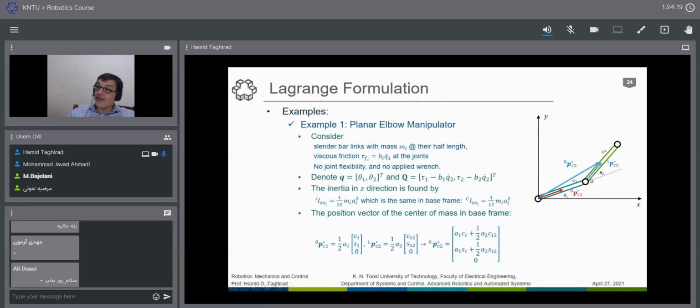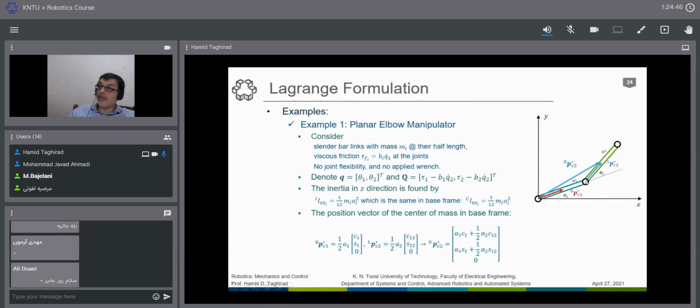So this vector, which we call PC2, the center of mass of link 2 with respect to point 1, would be A2/2, C12 and S12, since we are considering everything in the 0 frame.